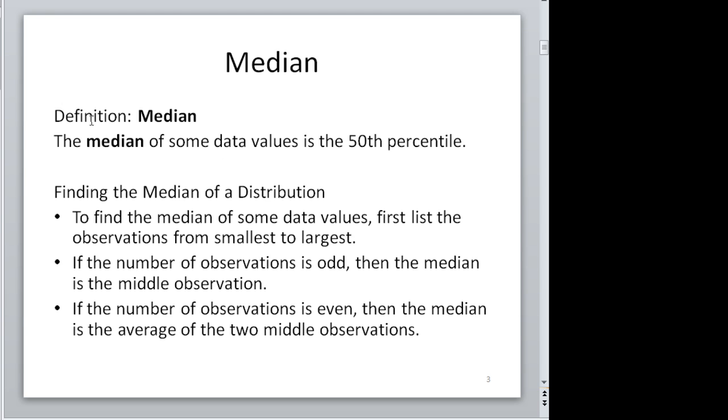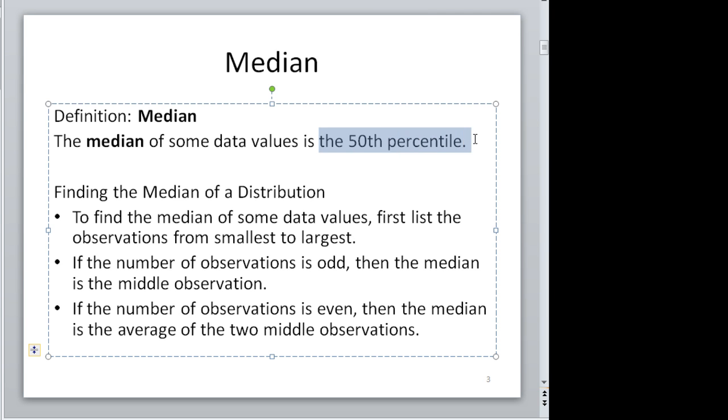Now, the first one in here is called median. So by definition, the median of some data values is the 50th percentile. What does 50th percentile mean? It simply means it's going to be right in the middle. Remember the percentile? So 50th percentile means 50% below you, 50% above you.